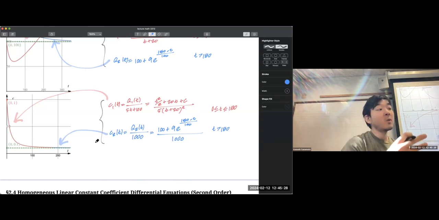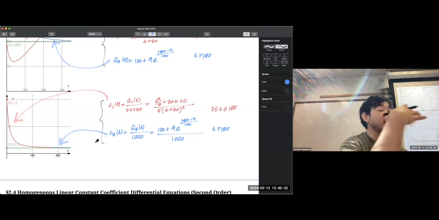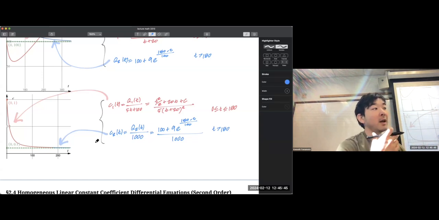You're pumping in water faster than you're pumping out. At first the volume of the liquid is going up. But then when it overflows, it's for sure just going to be a case where it's recycling the water, discharging all the water that's coming in, and the water that's coming in is a fixed concentration of 0.1.